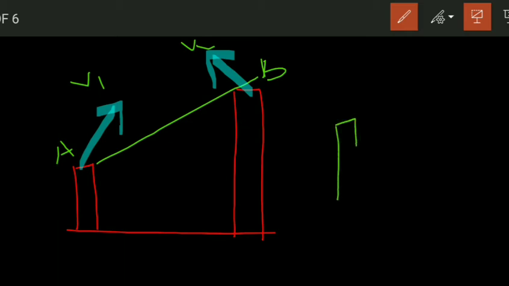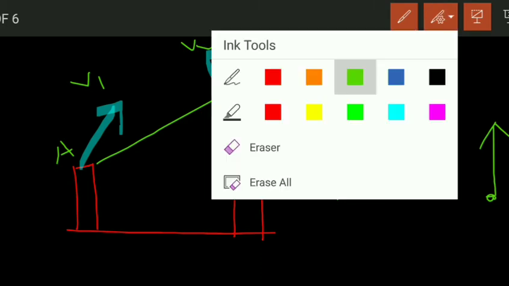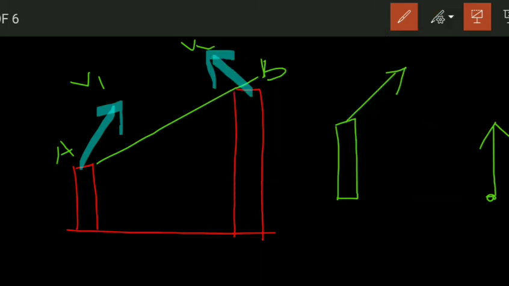Suppose this is the tower, and one projectile is launched from the ground. The projectile from the tower is launched like this, and the projectile from the ground is launched like this. What is the condition that these two will collide? This is also very easy.